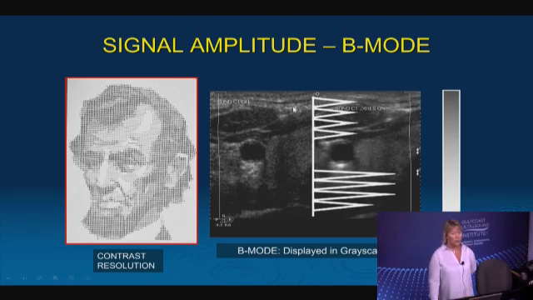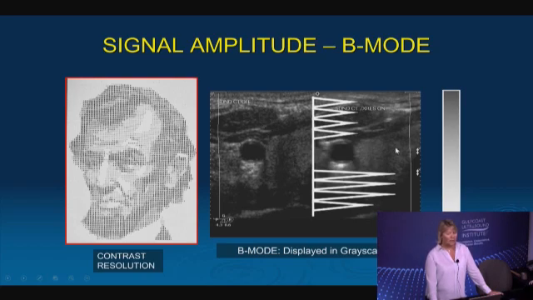In this case, we're scanning, this is the carotid artery here. This gray tissue here is the thyroid. And then you see this tissue from skin surface all the way down to the carotid has varying degrees of echogenicity. Some are very bright and white, some are a little bit darker gray, and some are medium level grays. And then you see that the thyroid is like a medium level gray shade.